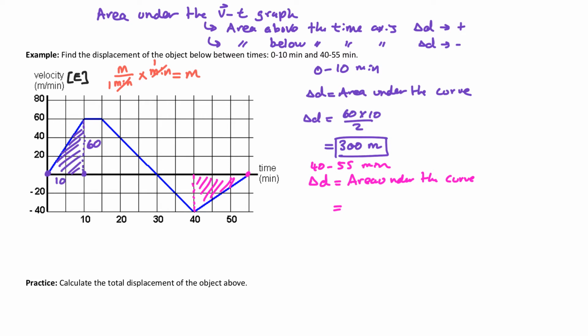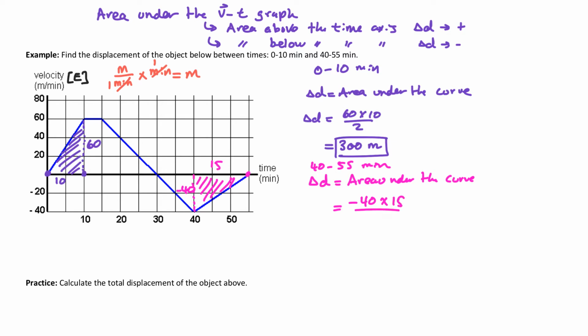In this case, we can see that this value here is negative 40, so you can either just use 40 times 15 divided by 2 and then make it negative because the area is underneath the graph, or just use the negative value here. So that's negative 40. I know area can't be negative, but we're just going to use the negative value here. Negative 40, and our base is 15.